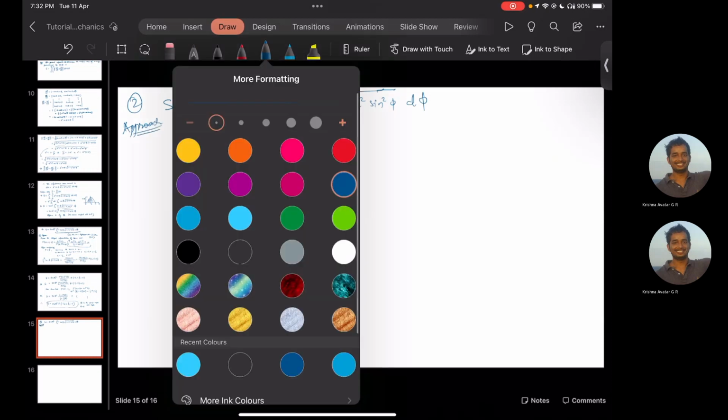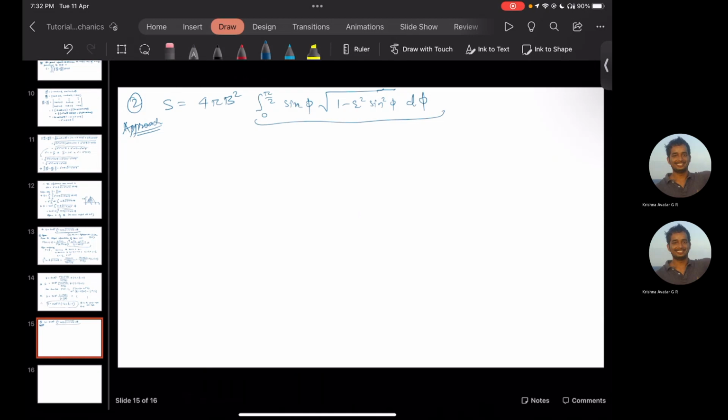Okay, so let's evaluate this integral. So let's take t is equal to sine square phi.